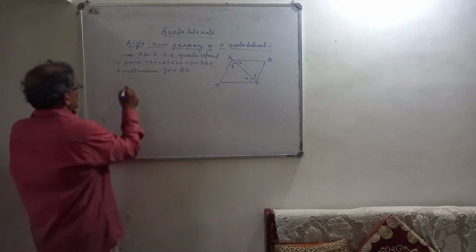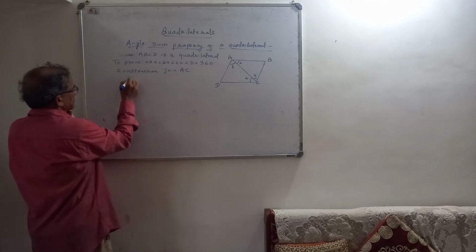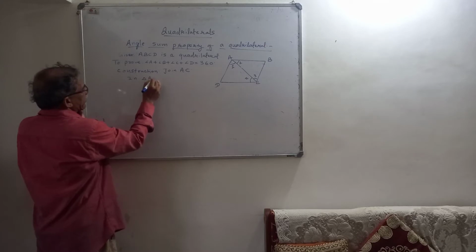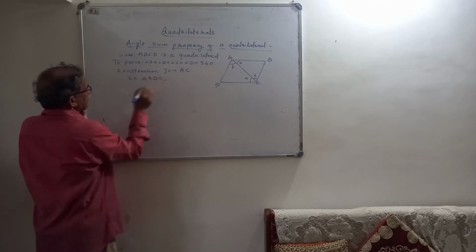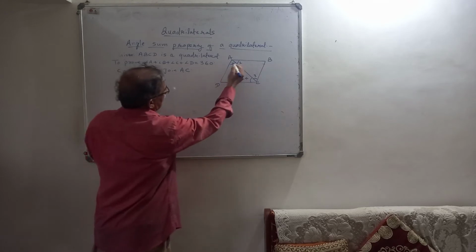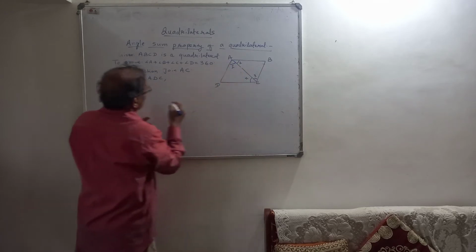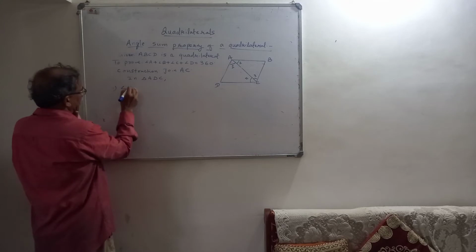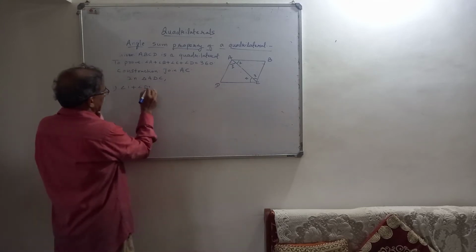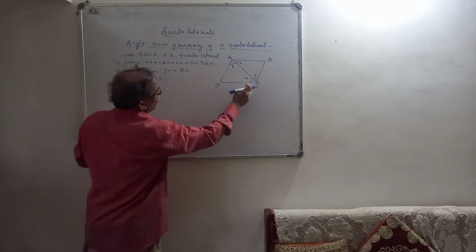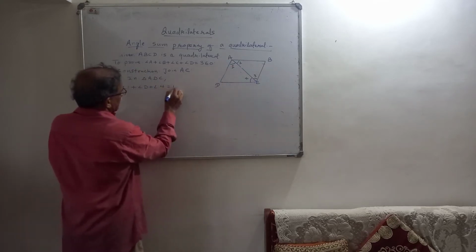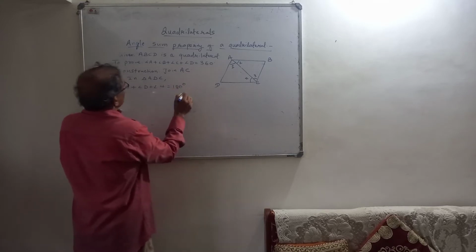So listen here. In triangle ADC, angle A of triangle ADC means angle 1, plus angle D, plus angle C of triangle ADC means angle 4, should be equal to 180 degrees.